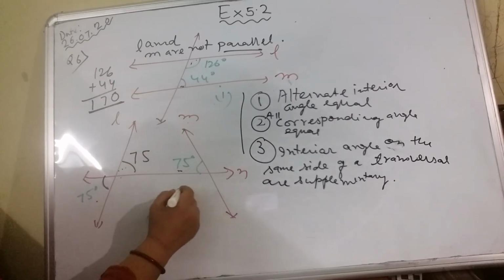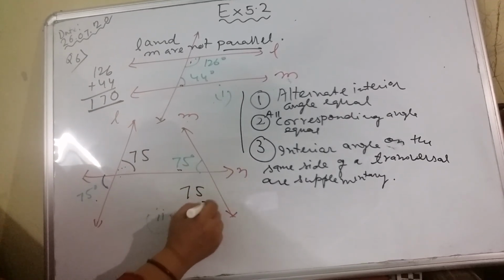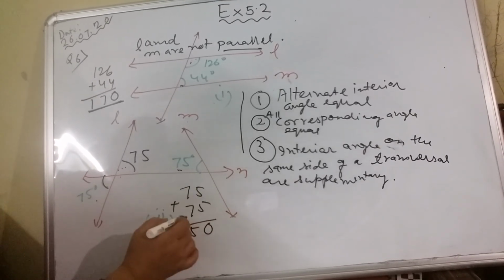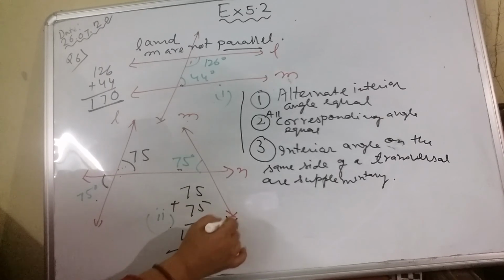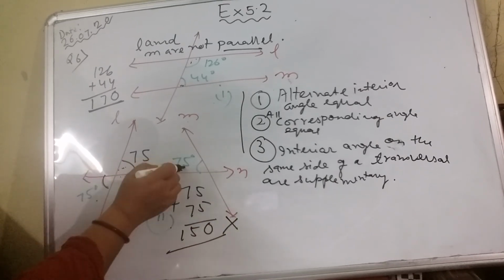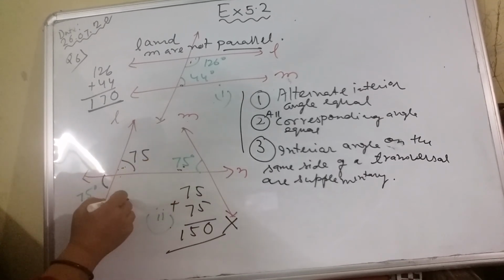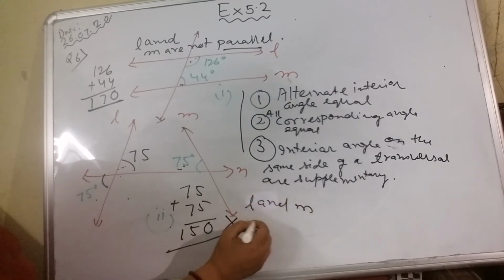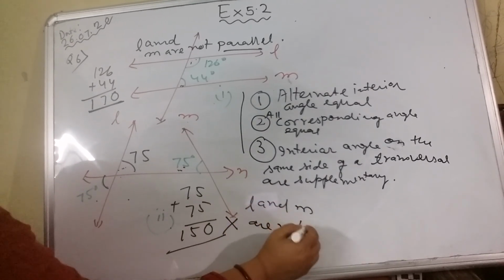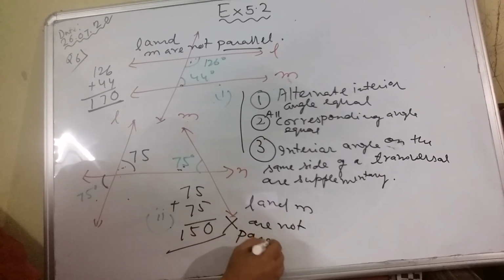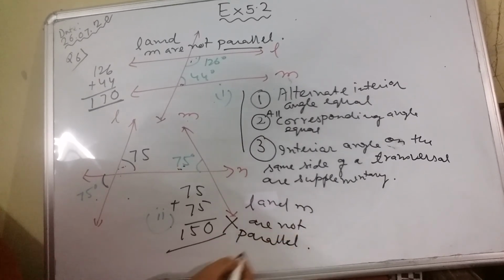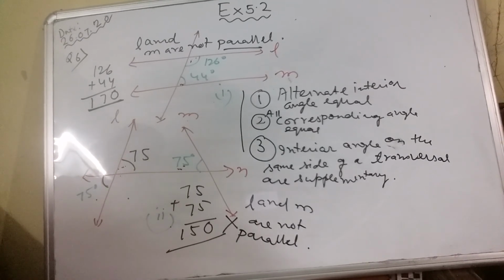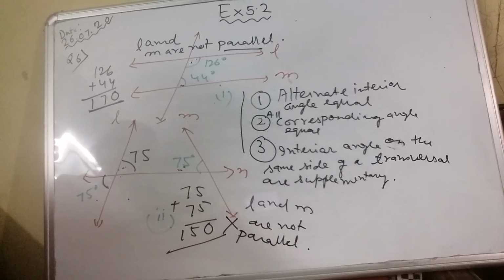Let's add 75 plus 75, it is 150 degrees. So this angle and this angle are not supplementary. So here also L and M are not parallel. For the rest of the sums, you have to check in the same way whether they will be parallel or not.